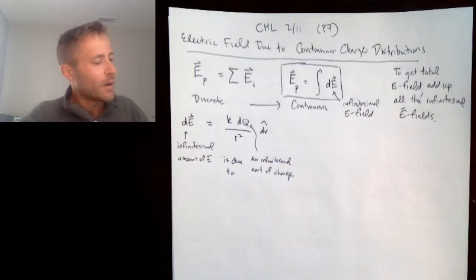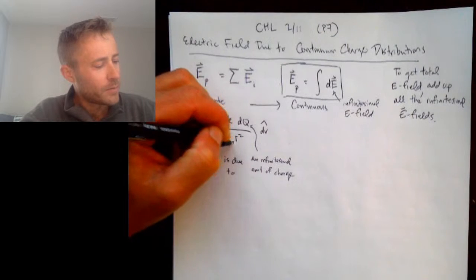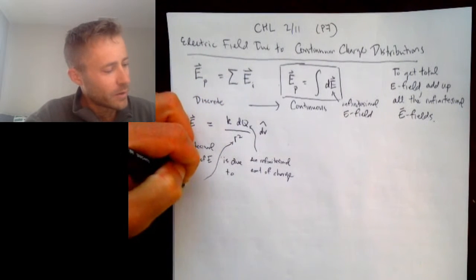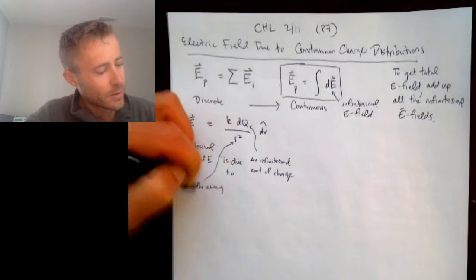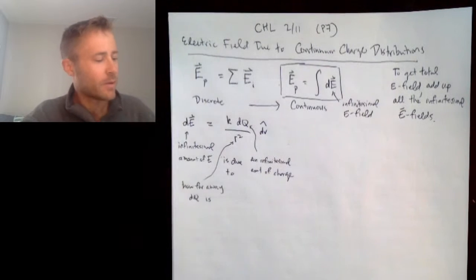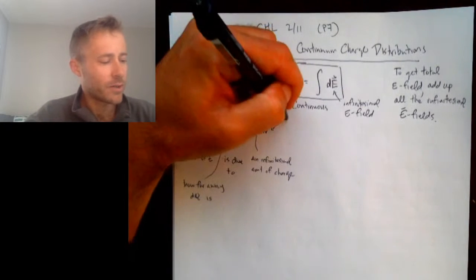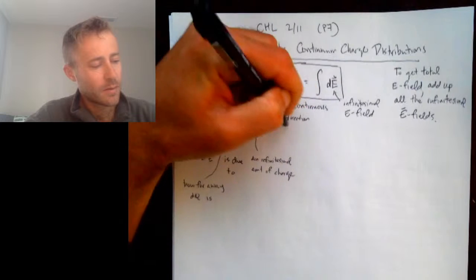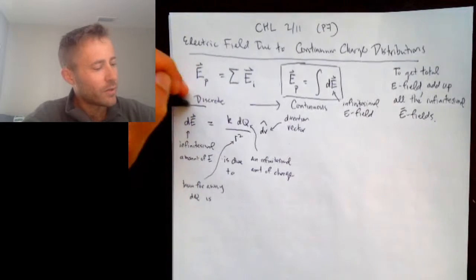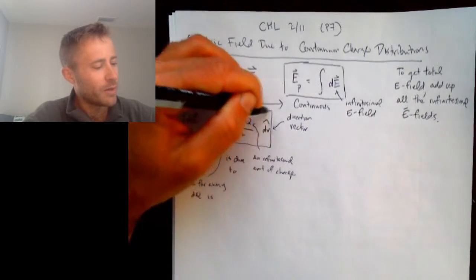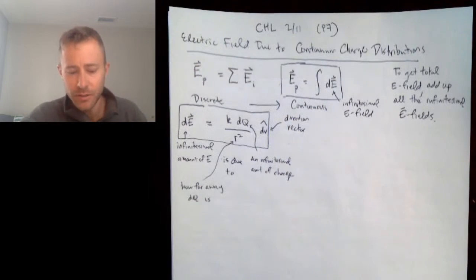Okay. R squared. So R is how far away dq is. Okay. And then the direction vector is the appropriate direction vector. All right. So this is basically Coulomb's law in infinitesimal form. Okay. So what we're going to do is plug that in for dE and do the integral.